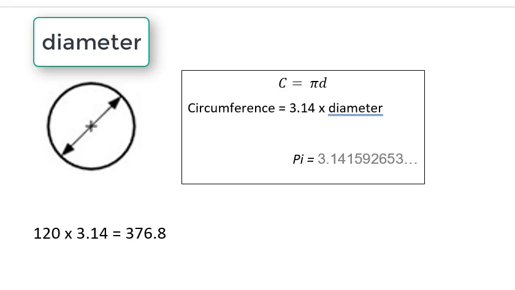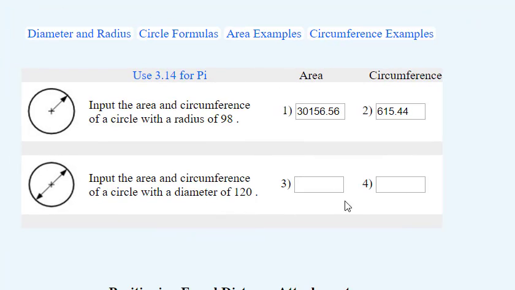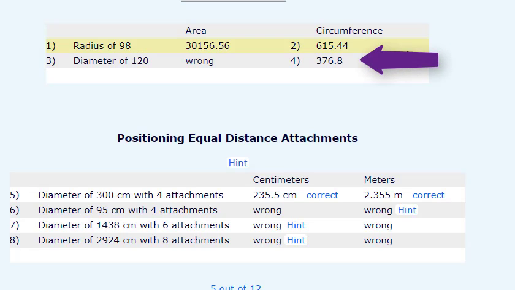So we multiply that times 3.14, the shortened version of pi, and that gives us 376.8. Let's see how that works on the website. Okay, so here we have 376.8, and it is correct. Now we just have one more to do.